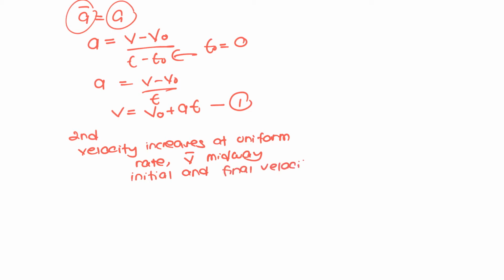For example, if your velocity increases by 2 meters per second every 1 second, your velocity is increasing at a uniform rate, which means the average velocity formula is v bar equals v final plus v initial divided by 2. So you get the second equation.